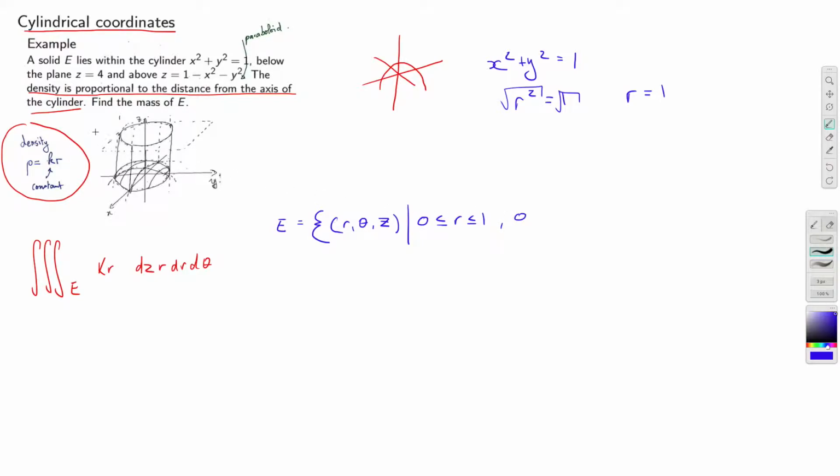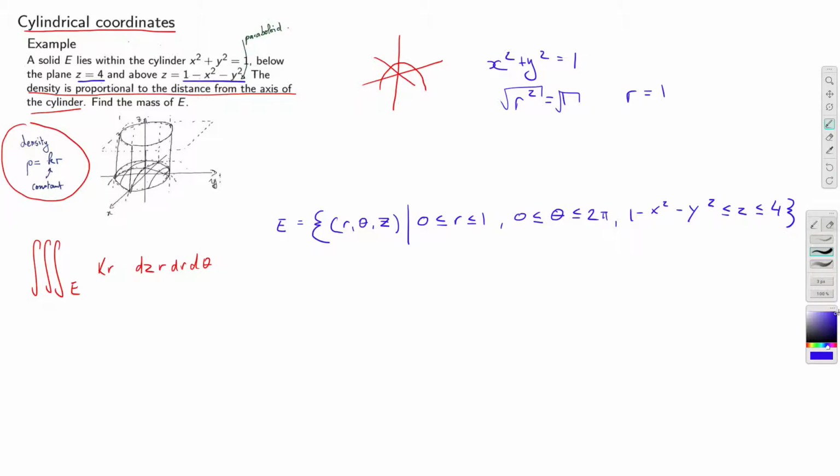For theta, it's a complete circle, so it's 2 pi. With respect to z, it's not that tricky, because the biggest value is 4 and the smallest value is 1 minus x squared minus y squared, so 1 minus x squared minus y squared is less than or equal to z is less than or equal to 4.